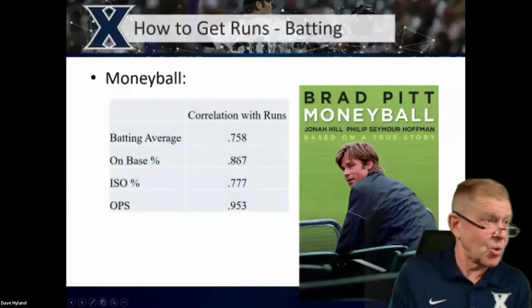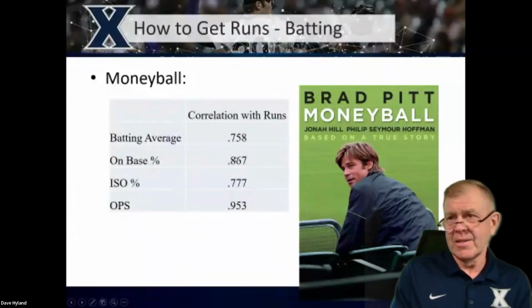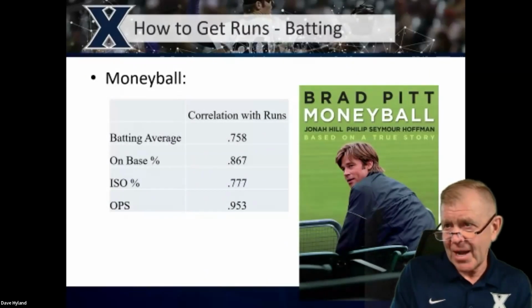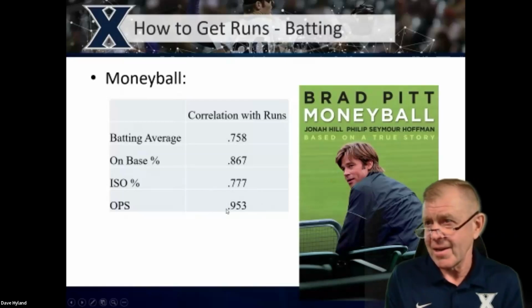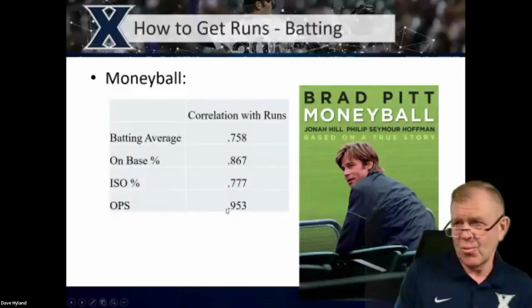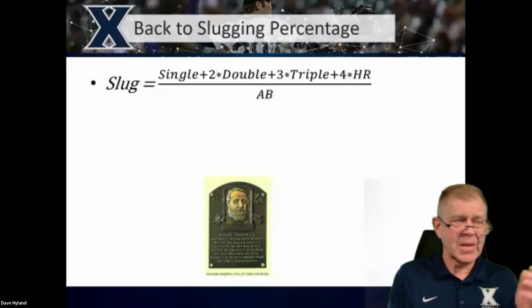And that's even more correlated with runs. So that's kind of cool. But boy, in an ideal world, I get the guys that can get on base and slug, the Juan Sotos and some of those guys.